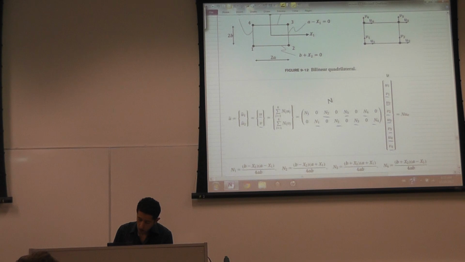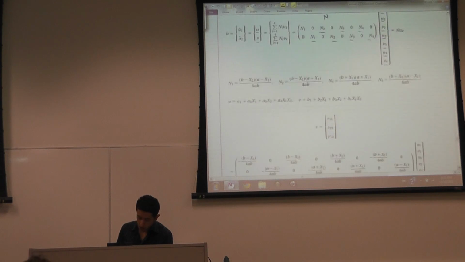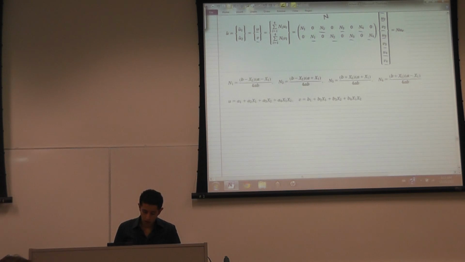This is the vector of unknown displacements, or the degrees of freedom of the element. The generalized degrees of freedom of the element are these constants, a1, a2, a3, a4, and b1, b2, b3, and b4.